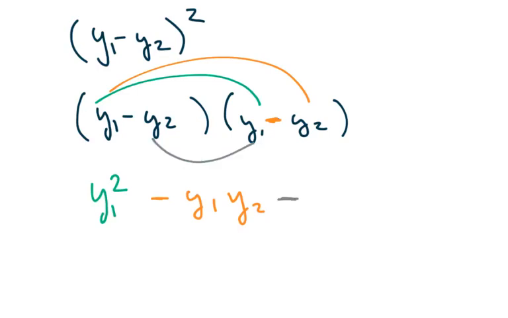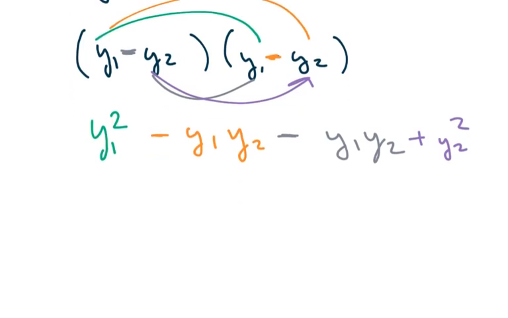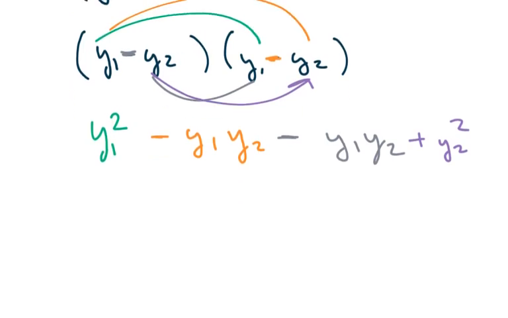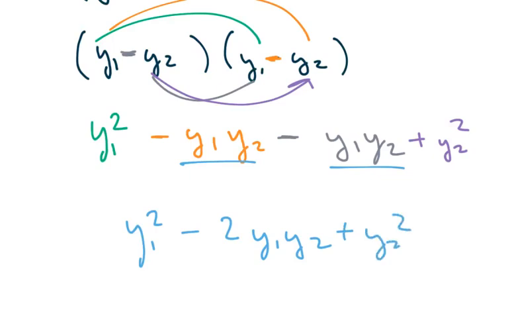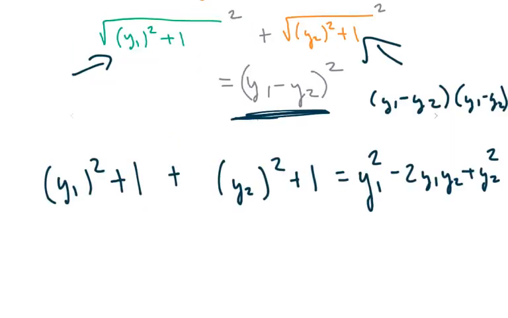Multiply these together, you still get negative y1 y2. Don't get confused, y1 times y2 or y2 times y1 are the same thing. And the back part is plus y2 squared. So if I consolidate terms, I get y1 squared minus 2, these are the same so you get two of them, y1 y2 plus y2 squared. Okay, so that is this bit right here.